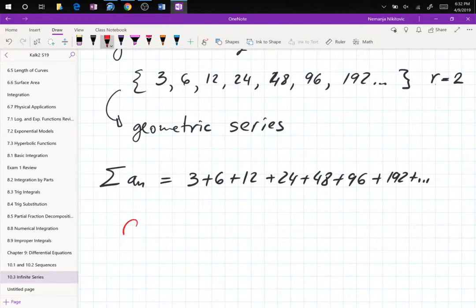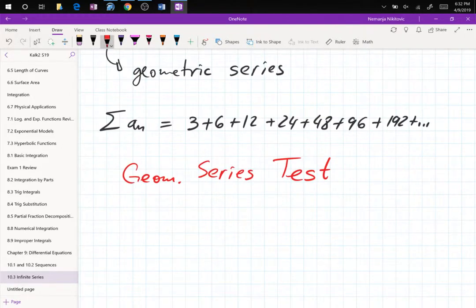So what is the test? Geometric series test. Here we go. Yes, excellent. So geometric series test says, if you have a geometric series A, R to the n, where n starts at 0 and goes to infinity, this is the form that you have to have. So A, R to the n.